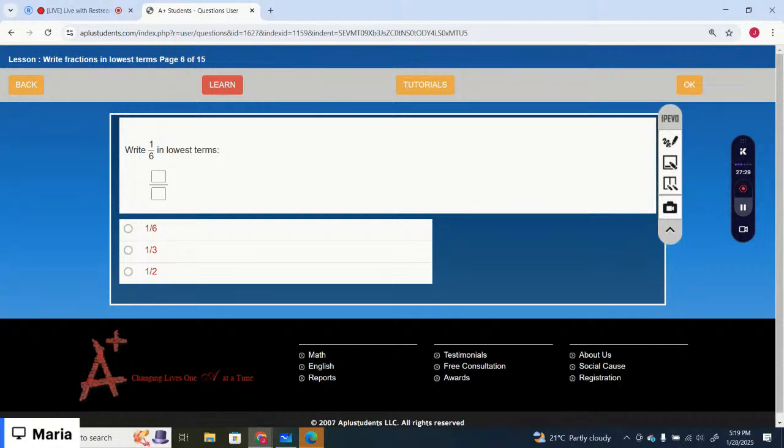Write 1 by 6 in lowest term. 1 by 6 is already in the lowest term. The correct option is 1 by 6.